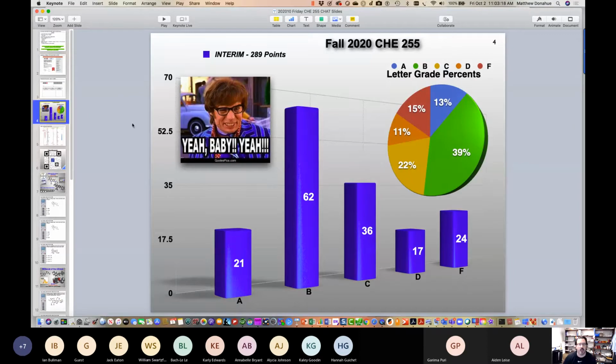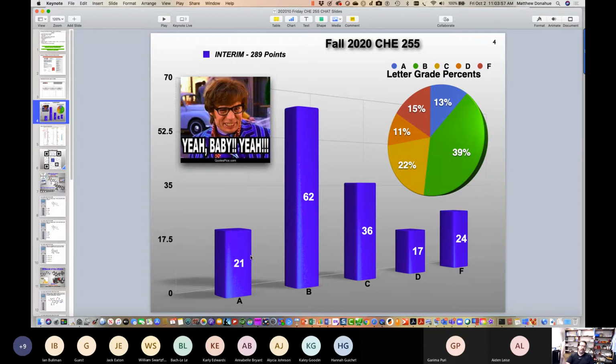If you check your SOAR account, your interim grade will be posted for this course and every course. Normally I would have everyone's ID, their actual grade, and their rank in the class, like shown on another slide. But since we're sort of different, I'm just giving you the overall class stats. At the interim point there's 289 points, just for modules 1 and 2, so 289 of the total 800 course points.